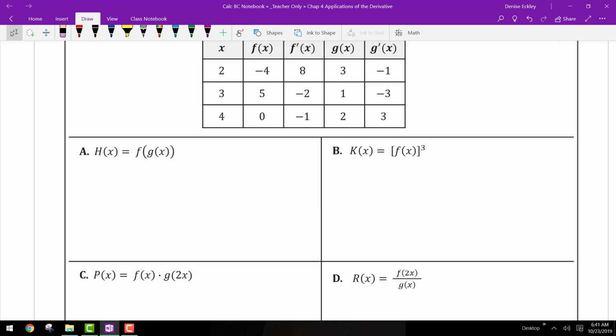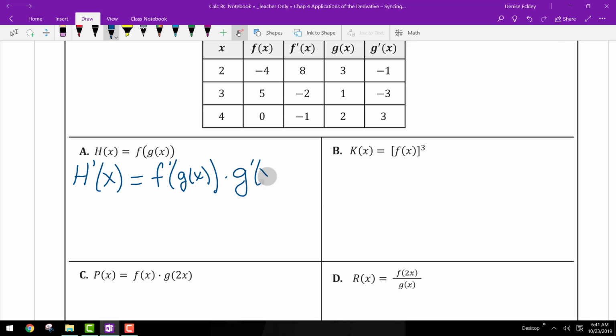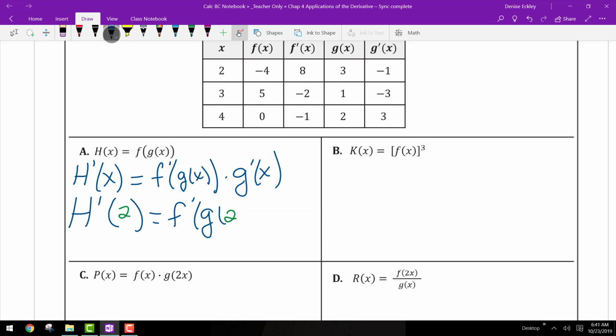So this is classically, we're just going to be using the chain rule. So let's write that out first. So h prime of x is going to equal f prime of g of x times g prime of x. So we want h prime of 2. So this is going to be f prime of g of 2 times g prime of 2.